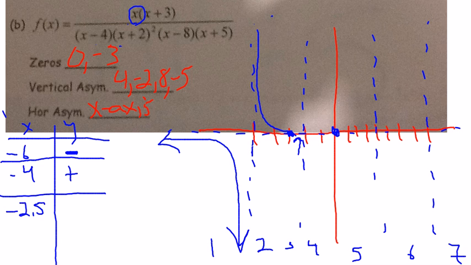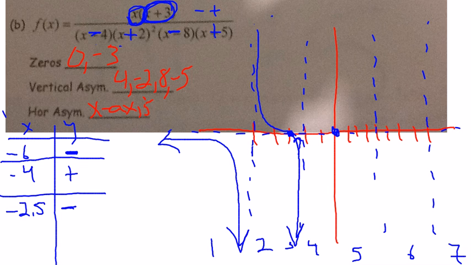This is negative, this is negative, that's actually positive. When I plug in negative 2.5, this is negative, and then this is positive. So you can see that I have 3 negatives, so it's negative. So that tells me that this goes down.